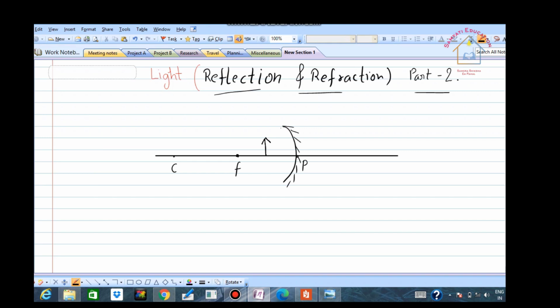If we have this type of object and light goes parallel to the principal axis, it will be reflected through the focus, and if light goes from the center of curvature, it will reflect from the same point. Then the rays appear to meet behind the mirror.